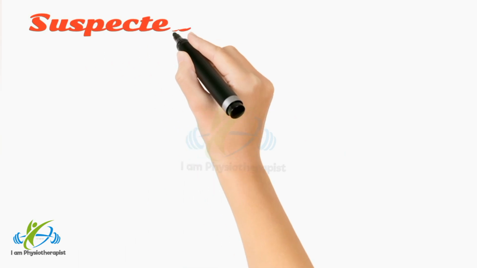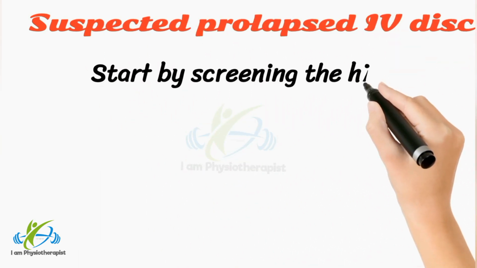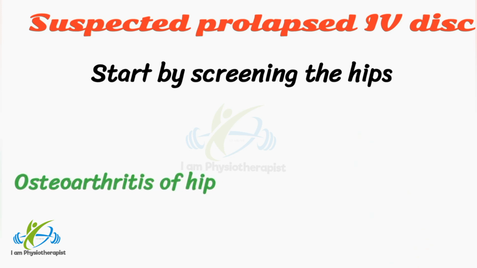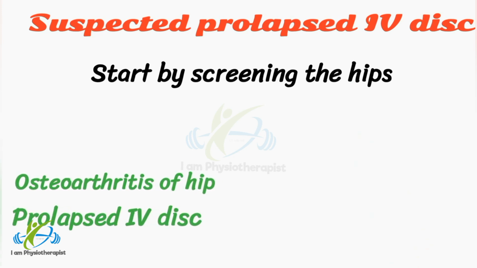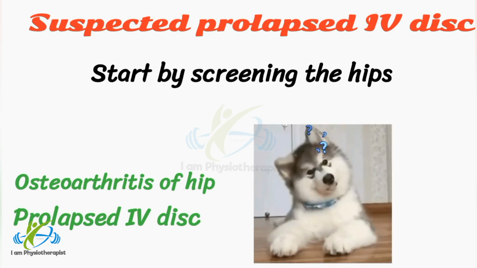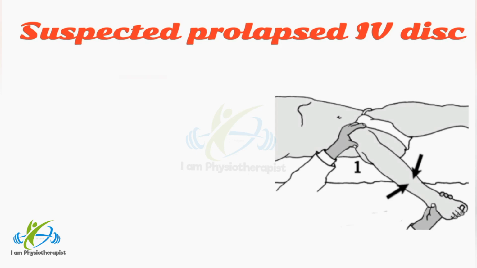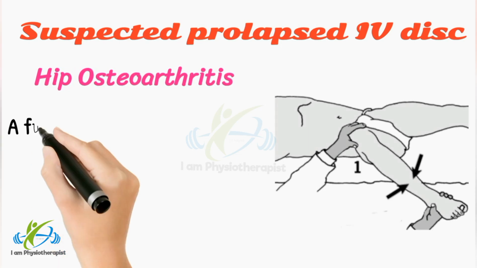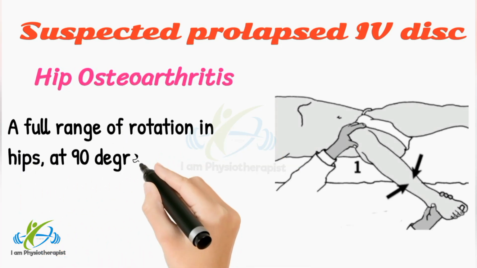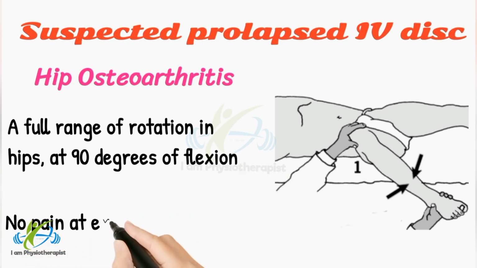If prolapsed intervertebral disc is suspected, always start by screening the hips. Osteoarthritis of the hip and prolapsed intervertebral disc are frequently confused. To rule out hip osteoarthritis, check for a full range of rotation in the hips, performed at 90° of flexion.